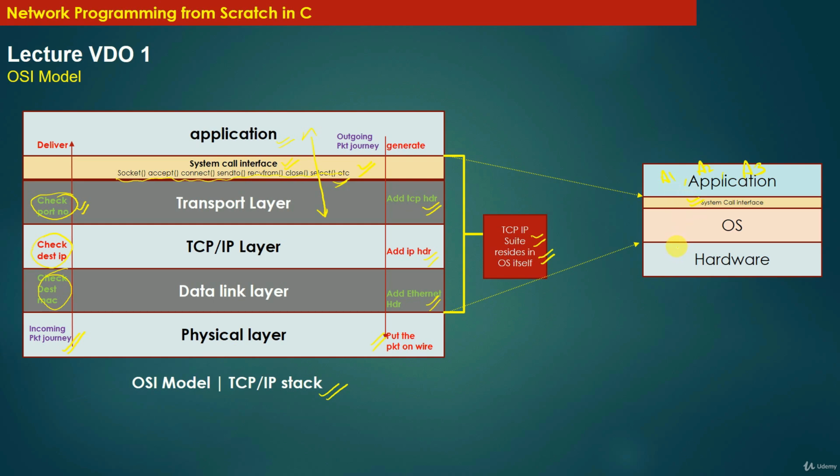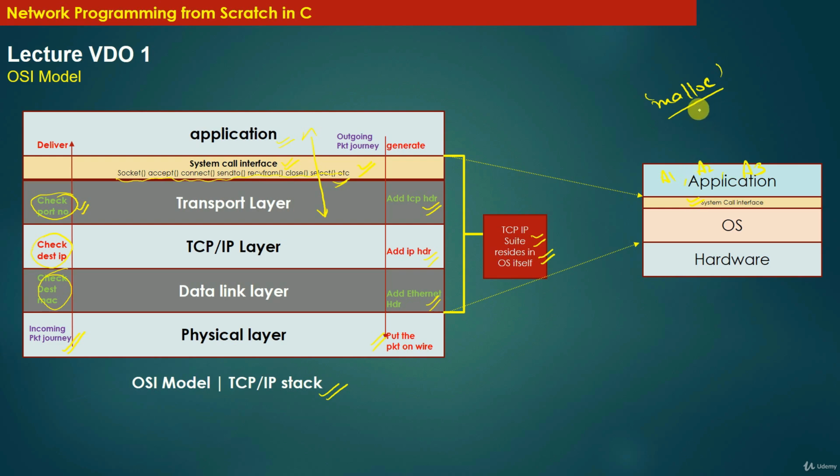Let me give you one common example of a system call interface. If you have ever written a C program and allocated dynamic memory using malloc or calloc, then these are the calls invoked by your application to request memory from the operating system.